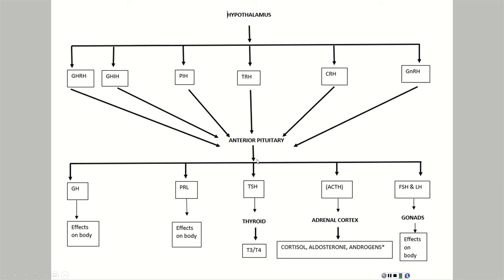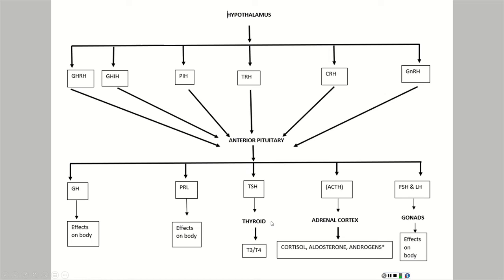Maybe the anterior pituitary is releasing just the right amount of TSH, but the thyroid is misbehaving. Maybe the thyroid just starts making too much T3, T4, or it stops making enough T3, T4, even though the levels of TSH are normal. Well, in that case, it's not the anterior pituitary gland that's misbehaving, it's the thyroid gland that's misbehaving.